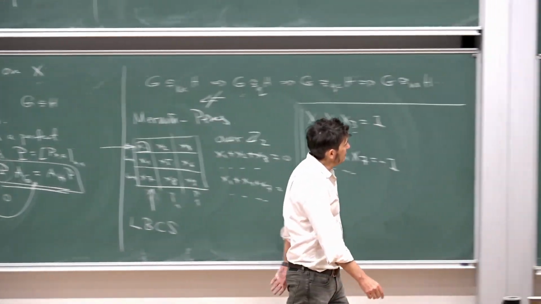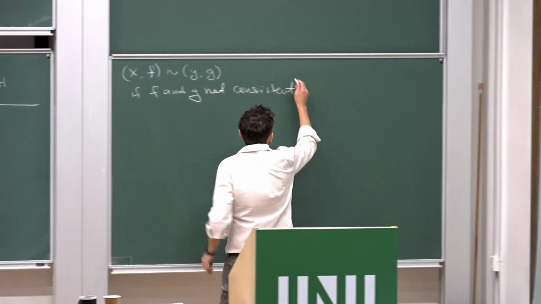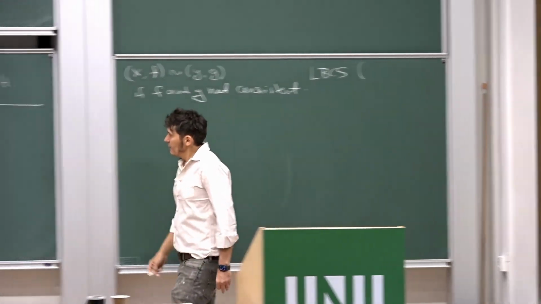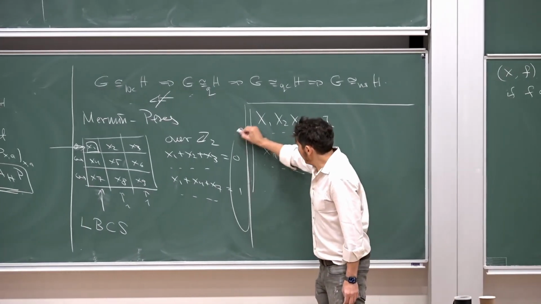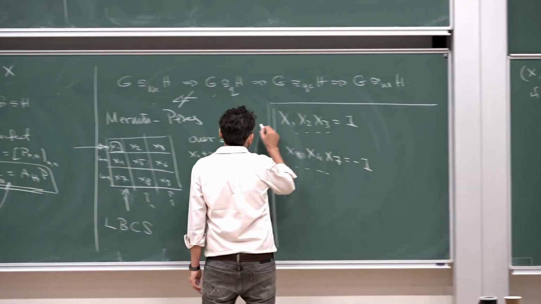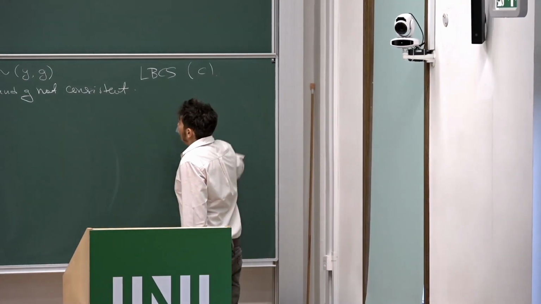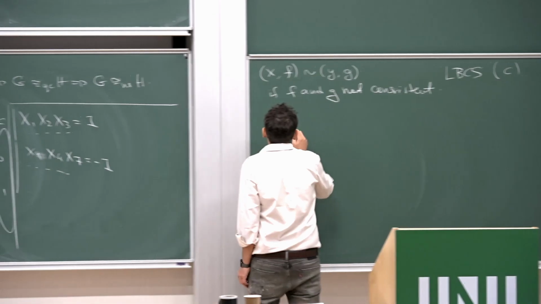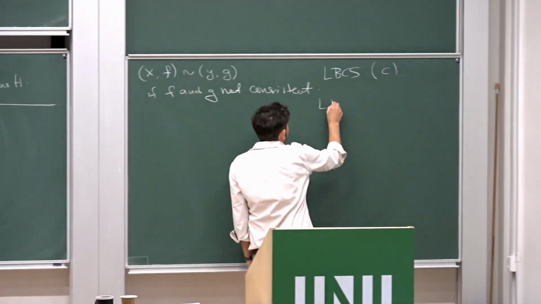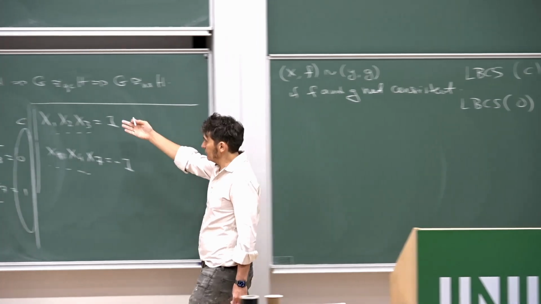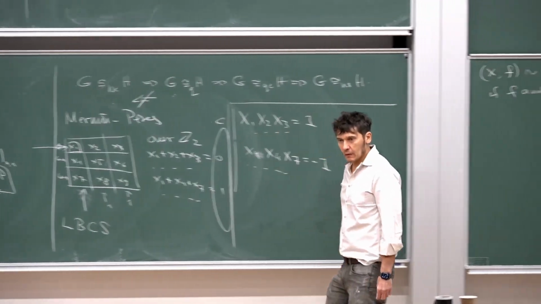So this is the graph associated to the LBCS game with some constraint vector. The right-hand side is a certain constraint vector C. And then you will have another graph, similarly defined for the LBCS game with the 0 constraint. You just put 0. This is, of course, trivially winnable.